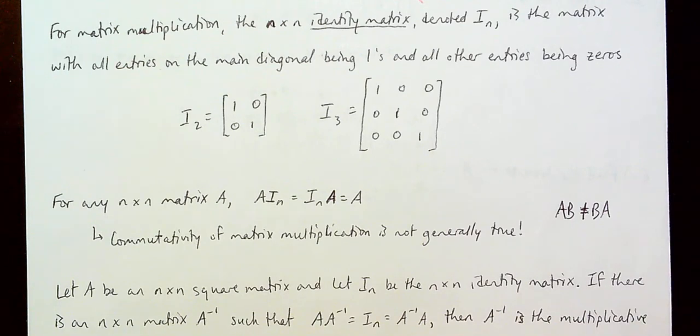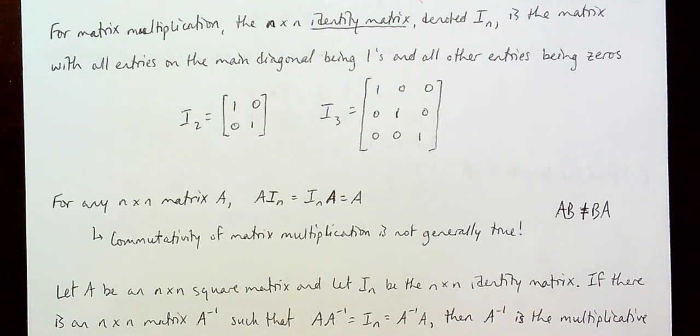In fact, in many cases, if you're trying to multiply any two matrices, not necessarily square matrices, you can't even find both of those product matrices, AB and BA. Many times you can only find one. So when you're multiplying by the identity matrix, the matrix multiplication is commutative.